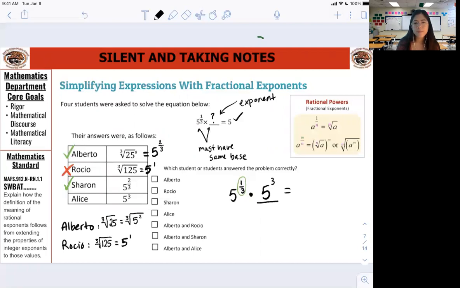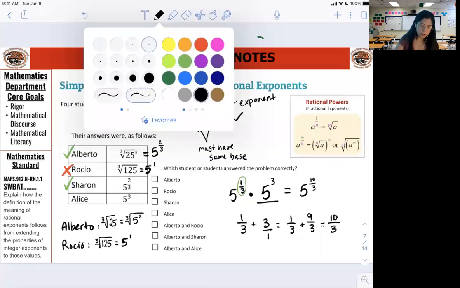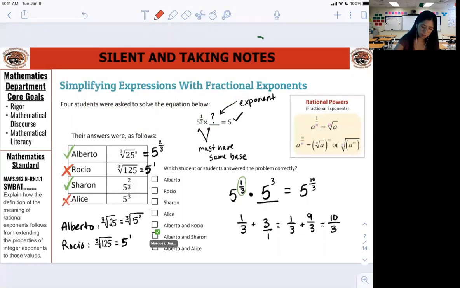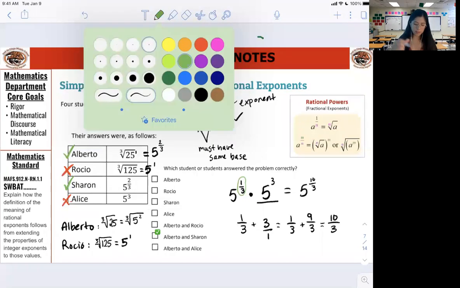How do I rewrite 3? It's 3/1, but they need to have matching denominators. So like Lauren said, that's going to be 9/3. 1 plus 9 is 10, so 10/3. Again, that does not work out. The only ones who do are Sharon and Alberto. So Juan put it in there for us.